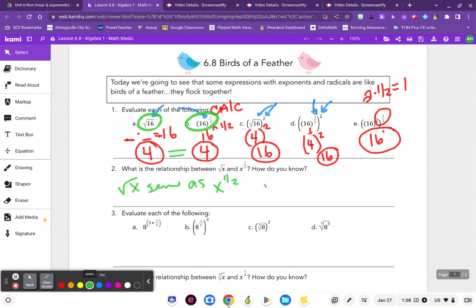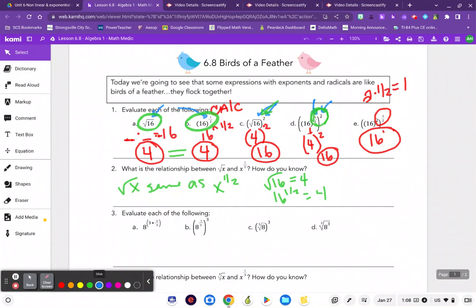I know that because the square root of 16 was 4, which is the same as saying in my calculator I found 16 to the half, which was also 4. And then again, because square roots and squares undo each other, we learned that a few lessons ago, it seems reasonable then if square root and half are the same, that half and 2 would undo each other. All right, let's take a look at 3.